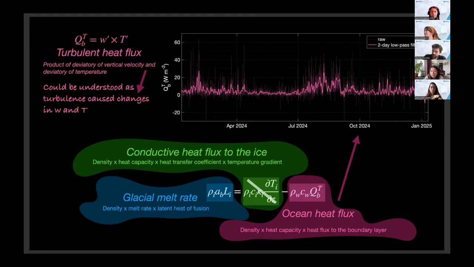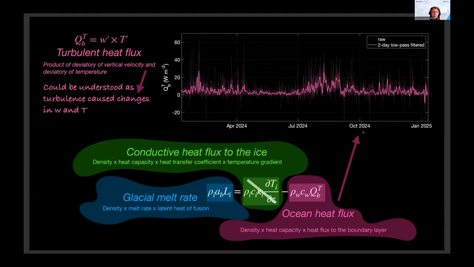And we ran a 2-day low-pass filter to get this thicker line, which is the clean signal of our turbulent heat flux. And then from the equation below, we have the relationship between the ocean heat flux, which is what we got from here, and the glacial melt rate, as we can see in this bit, and the conductive heat flux, which is tiny, so we are crossing it out in this place.